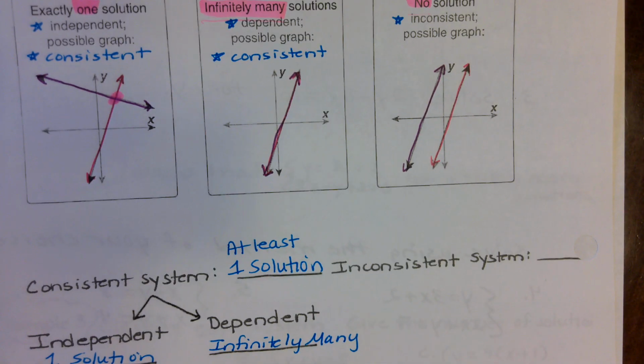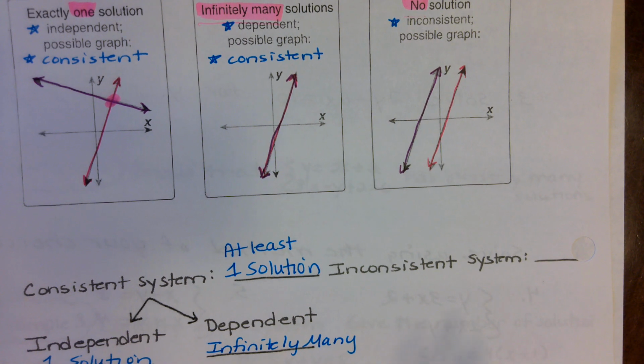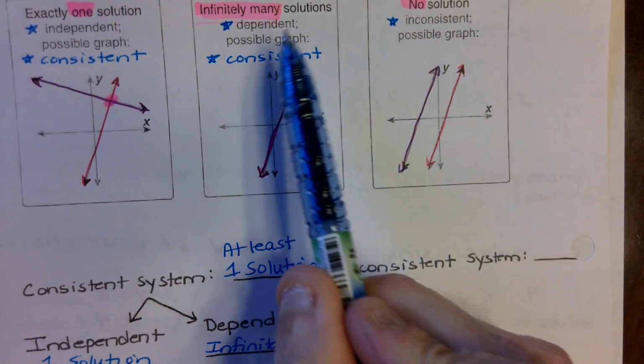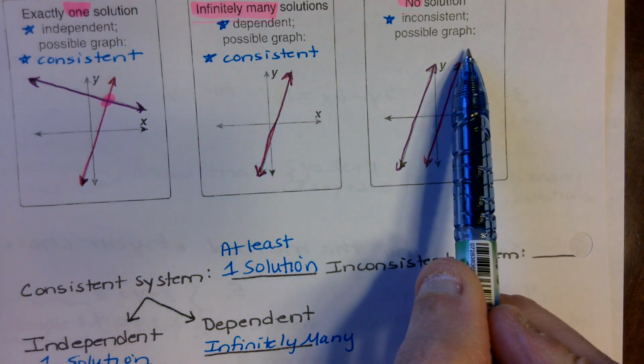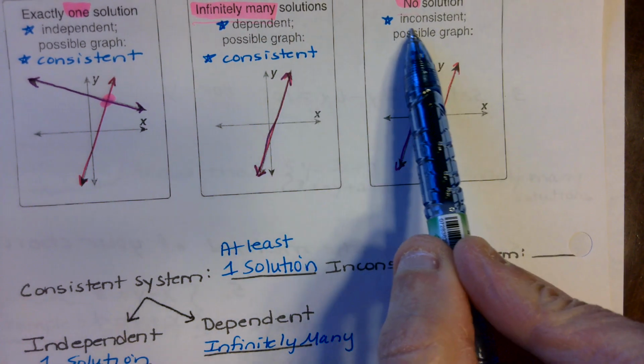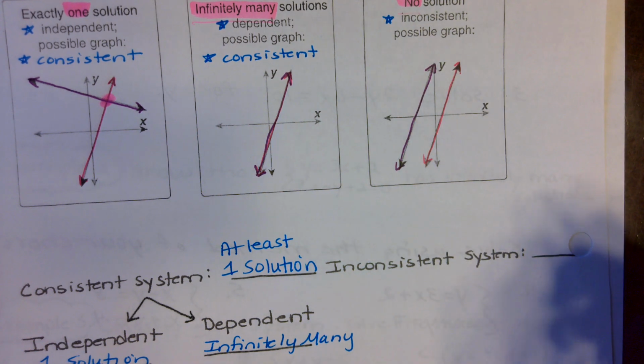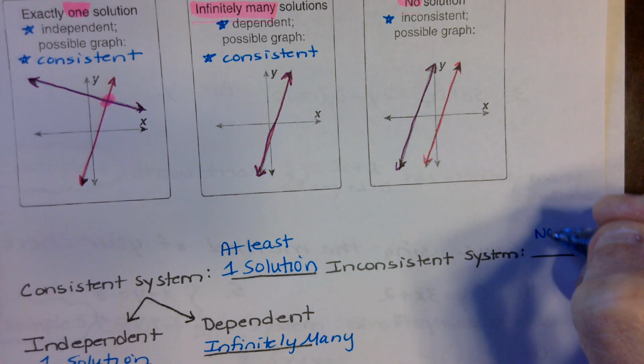And inconsistent, it doesn't have a dependent or an independent. That classification doesn't go with this one. When they're parallel, there's only one word to describe it, and it's called inconsistent. And there are no solutions.